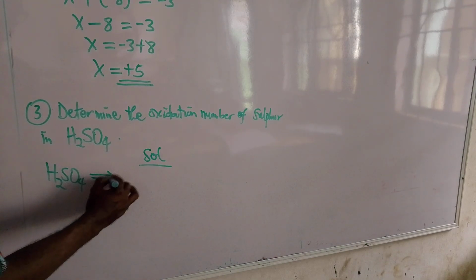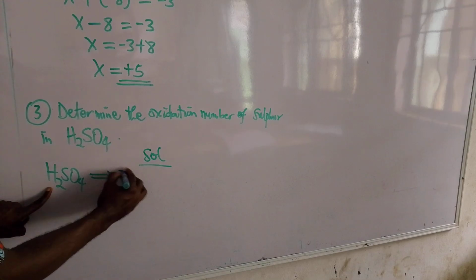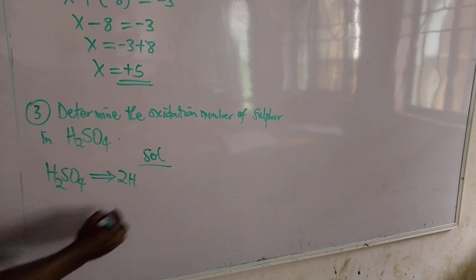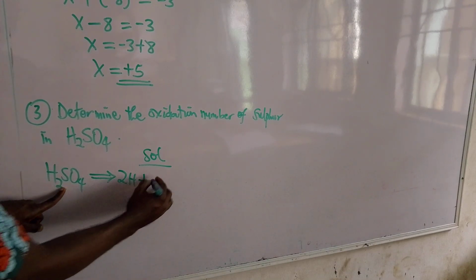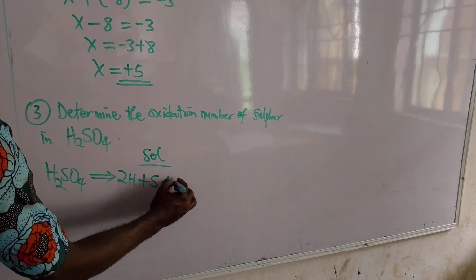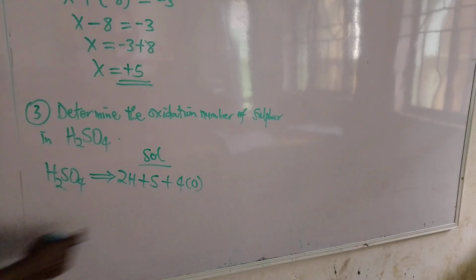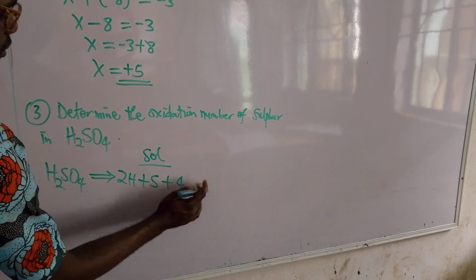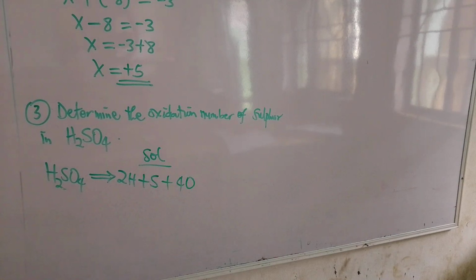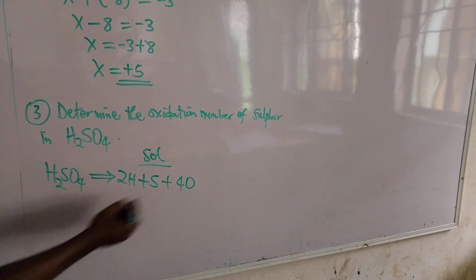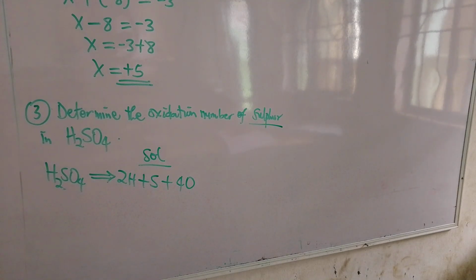I will interpret it this way: 2H, then plus S, then plus 4O. So I can even put it as 4O like this, no need of brackets. Now, which one am I looking for? I'm looking for sulfur. So that's the only thing that will be left there.